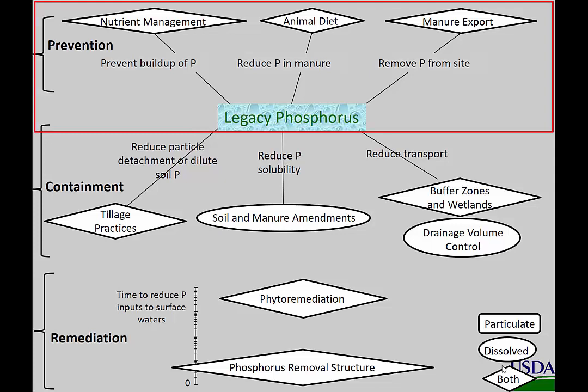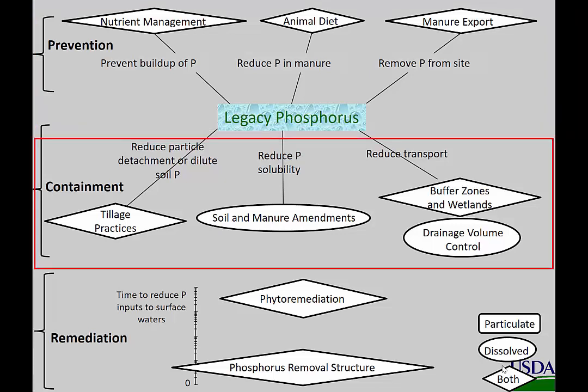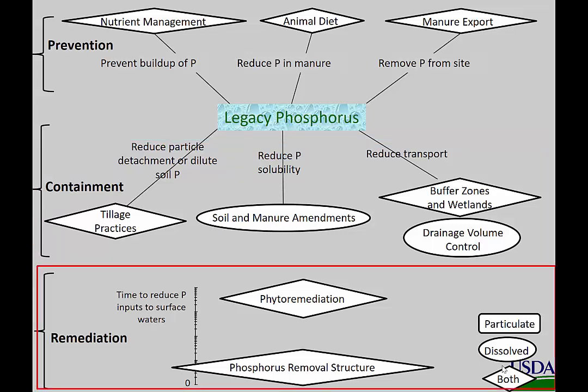If you do get a legacy source, then you've got two things you need to do. You need to contain that legacy phosphorus by managing your flow, certain tillage practices, soil and water amendments, things like that. You can contain it and keep that phosphorus held in the soil to prevent it from being lost, but also we need to remediate it. We need to reduce the legacy phosphorus source.